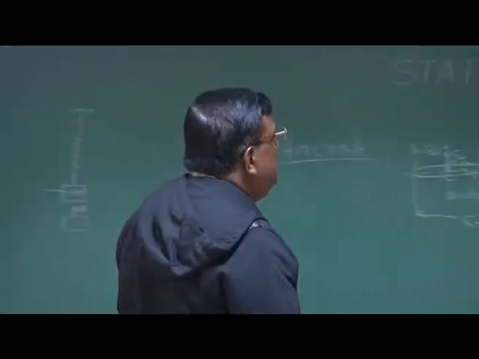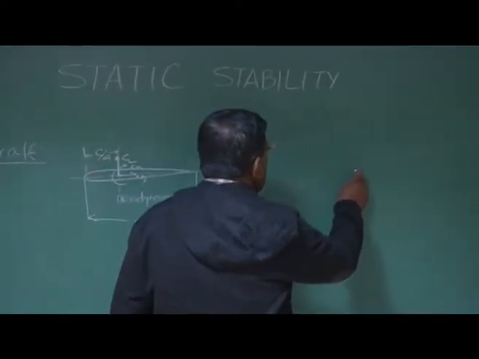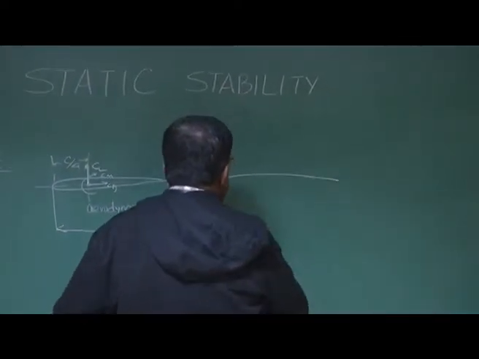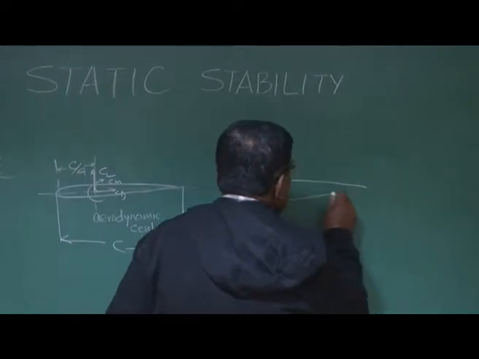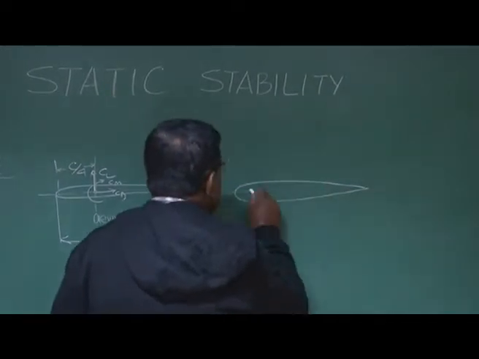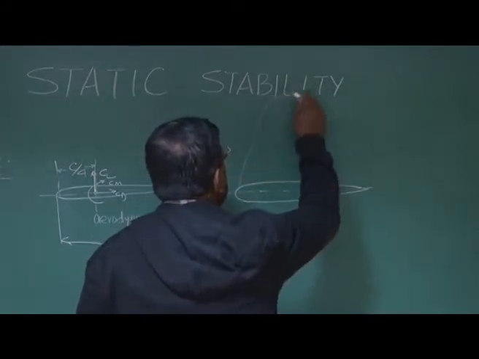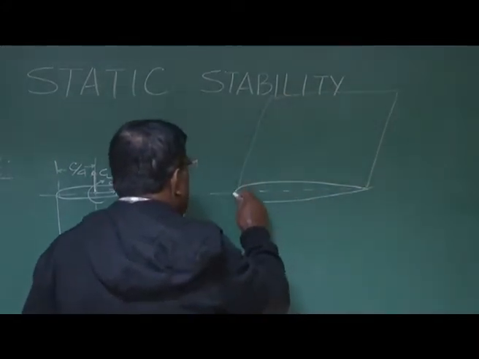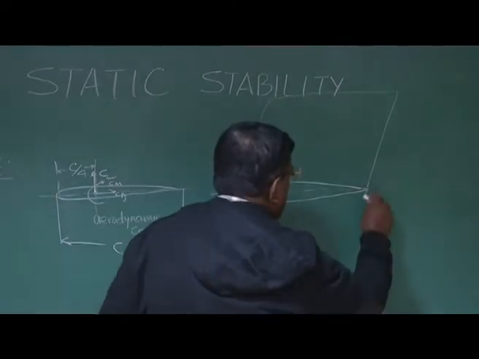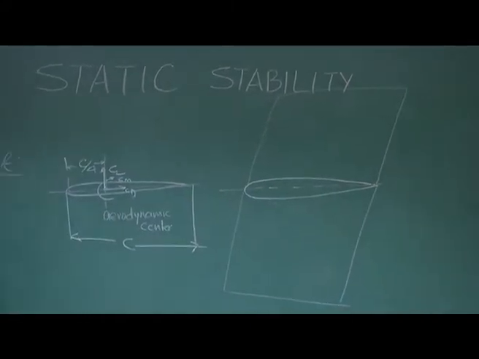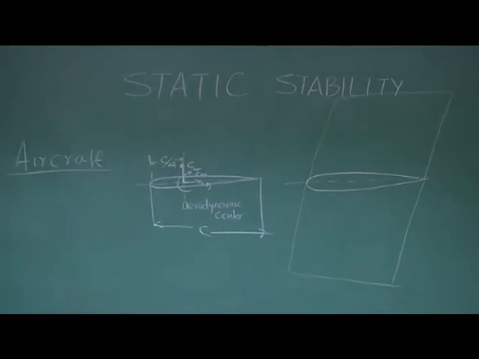So, suppose this is the aerofoil, and I can now imagine that this aerofoil is the cross-sectional contour of a wing.